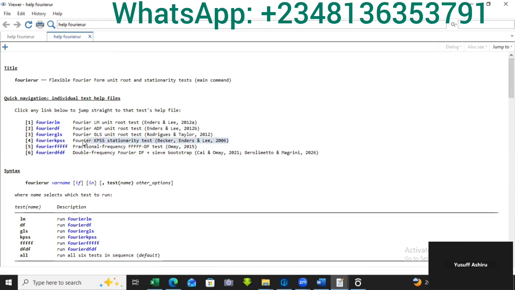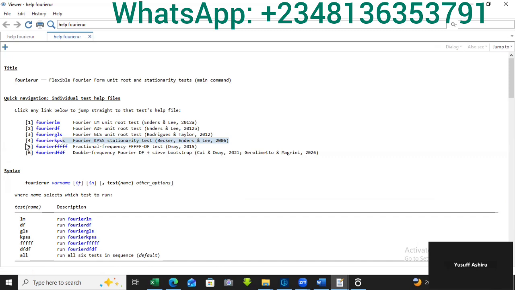The null hypothesis for all these tests, except number 4, is that the series contains unit root. Rejecting the null hypothesis for all the tests except test 4 implies that the series is stationary.